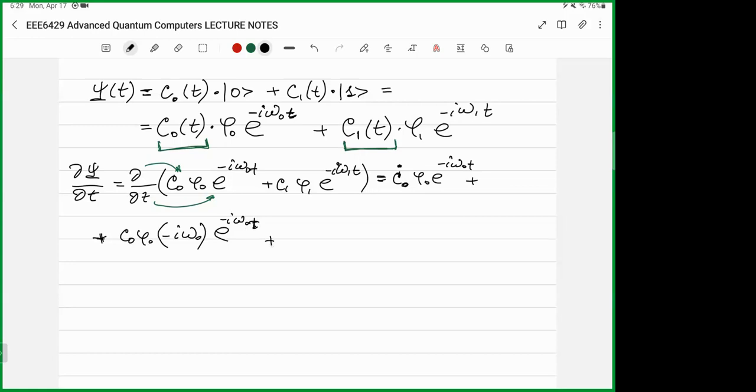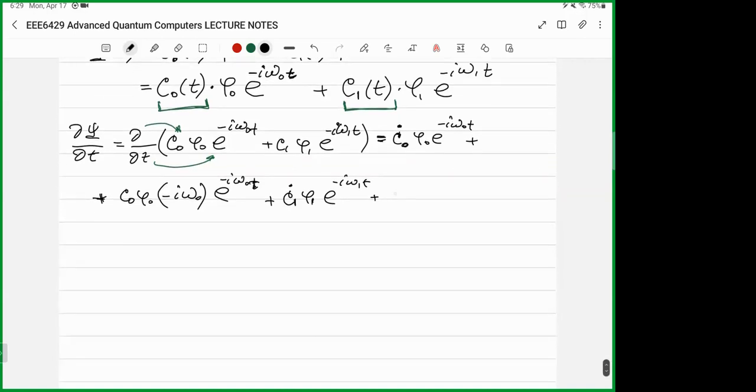And the same for the second term: we get c1 dot phi 1 e to the power of minus i omega 1 t, and then plus c1 phi 1 times minus i omega 1 e to the power of minus i omega 1 t.